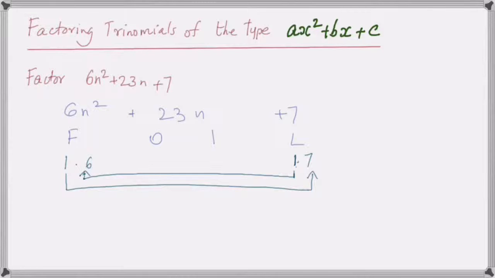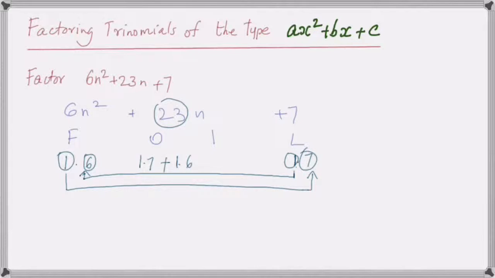That's outer 1 times 7 plus 1 times 6. So the key here is that the sum of the product of the outer numbers and the inner numbers should be 23.